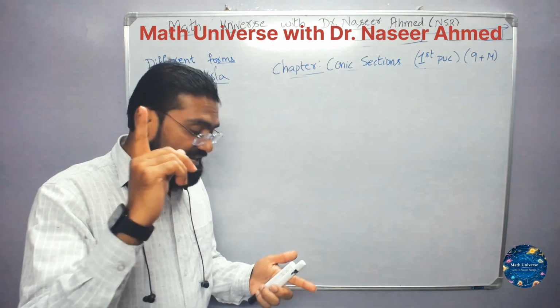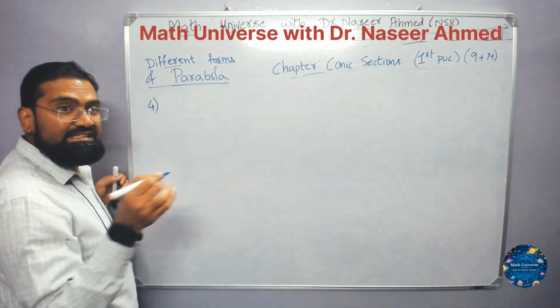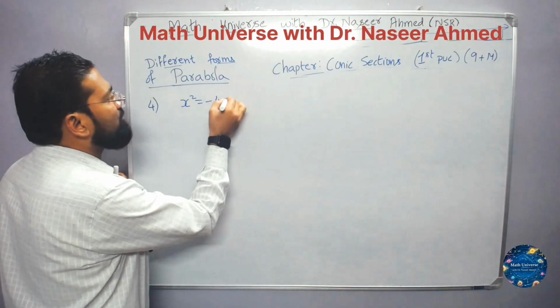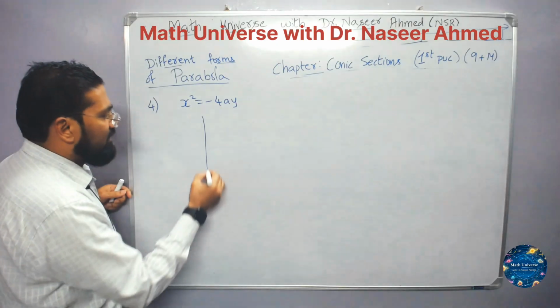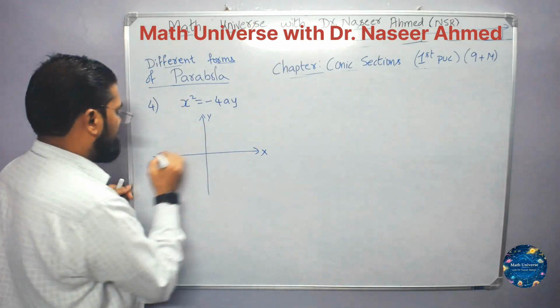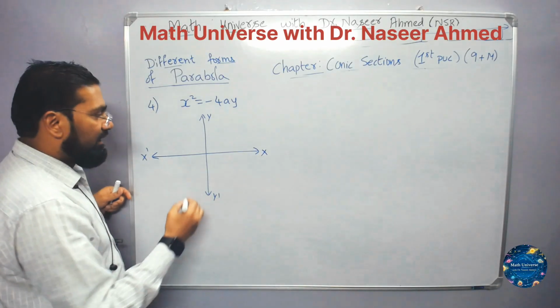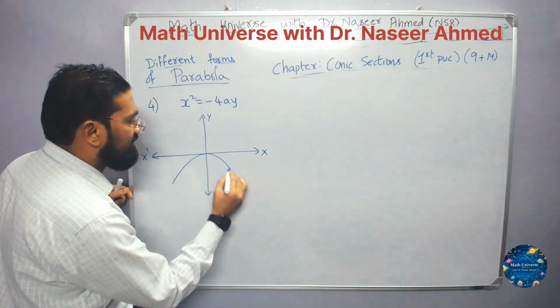Let us move on to the last standard form, meaning all the vertices are at the origin. That is x square equal to minus 4ay. The parabola graph for this will be along the negative part of the y-axis, so the parabola will be like this.